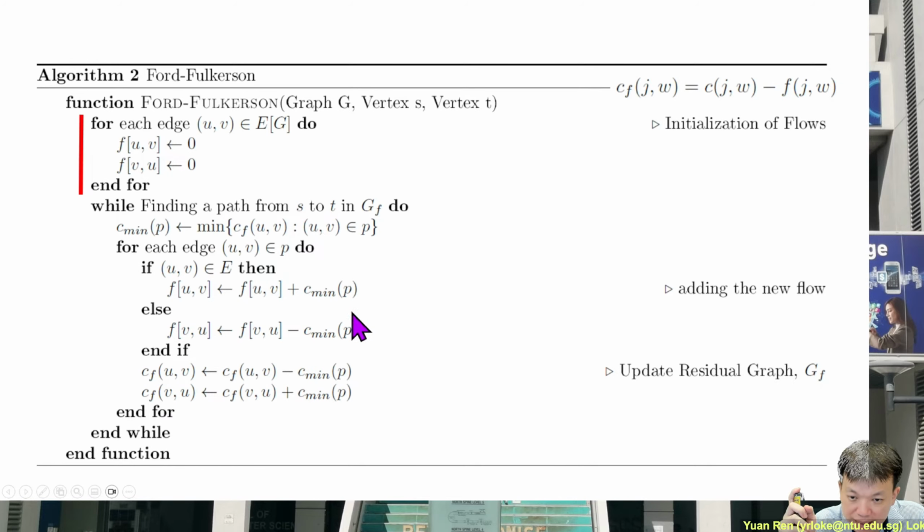Then next there are 2 things I need to update. Of course, you found the path, so you need to add this new path into your flow. That is my output. And then the next 2 lines here are trying to update the residue. So updating the residue is like UV minus 1. As I said, this C minimum definitely is 1, because in my matching problem there's no weight, either 0 or 1.